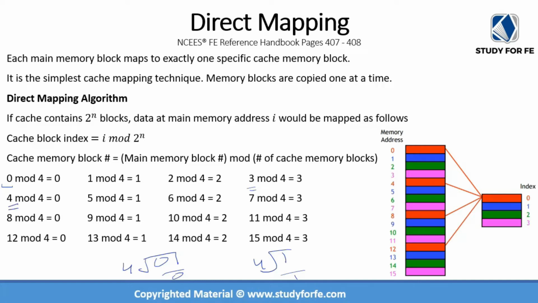Now when you divide 4 by 4, 4 can divide by 4 completely, and the remainder will be equal to 0. 5 won't get divided by 4 completely, so when you divide 5 by 4, it will result in a remainder of 1. When you divide 6, remainder 2, and so on. Now you can see a pattern developing here, right?